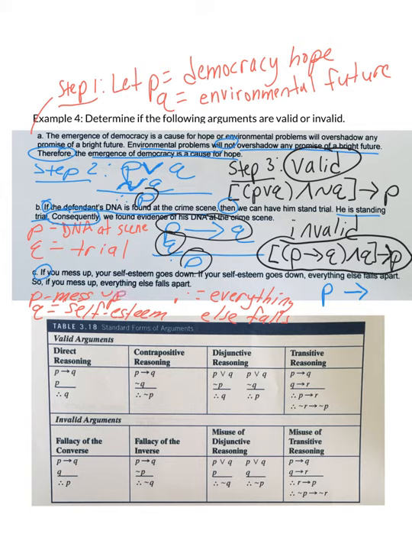So P was mess up. So if P, then your self-esteem goes down. Self-esteem was Q. So if P, then Q is the first sentence. The second sentence is another if for if then arrow. If your self-esteem goes down was Q again, then everything else falls apart was R.